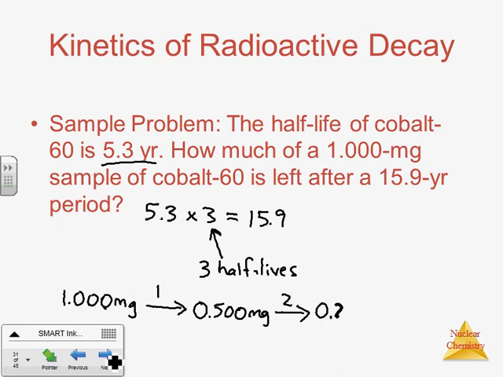So now we've got 250 milligrams. And then after the third half-life, we've got 125 milligrams. So the amount we're going to have left after 3 half-lives, which is 15.9 years, is 125 milligrams. And again, I would say the majority of the nuclear radioactive decay questions you get on the AP exam are going to be that easy to solve, okay?